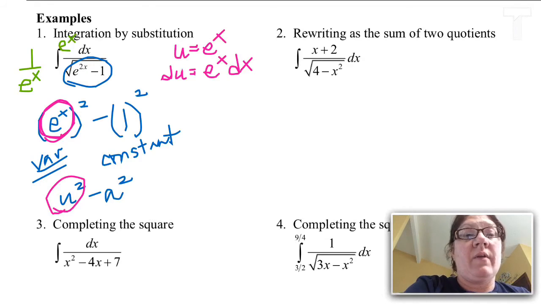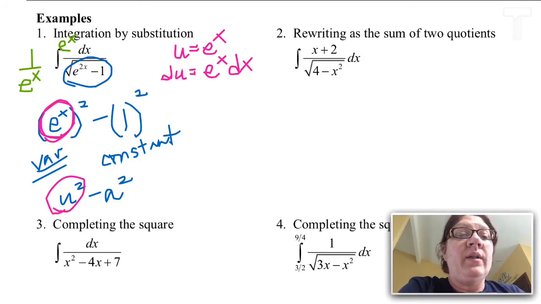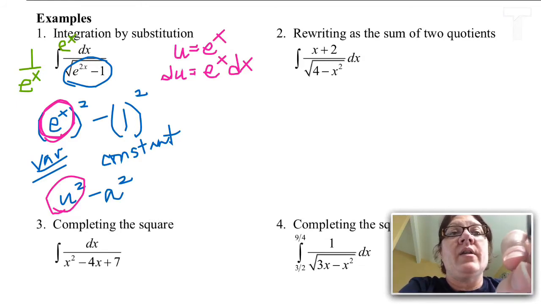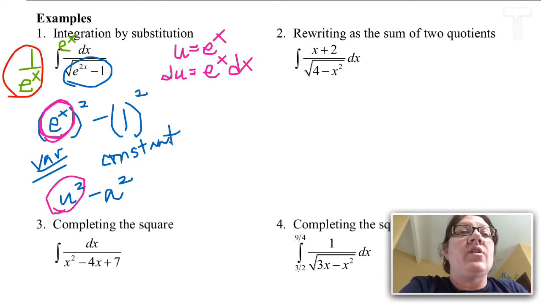So I'm not sure if I'm dividing by 0, although e to any power can't be 0. But more importantly, I don't want to have an x in this when I'm about to change everything to u. So as I change everything to u, I'm going to leave this here for a second.